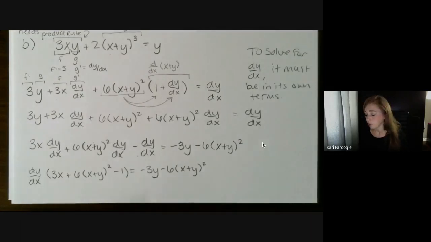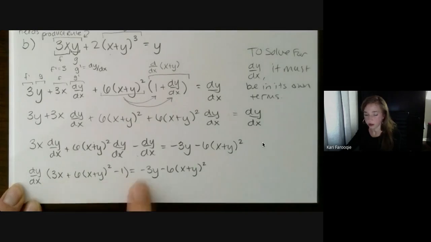Just don't forget when you factor dy dx out of dy dx, don't forget your 1. That's a very common error. And then divide both sides by the factor of dy dx on the left.